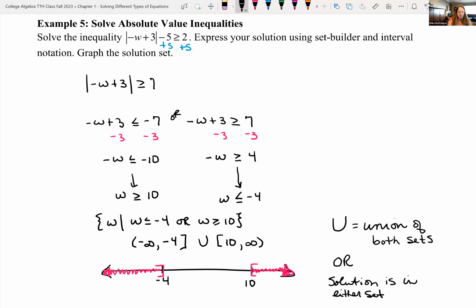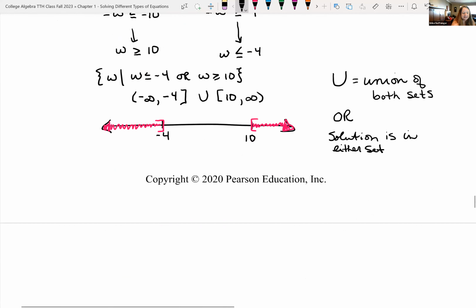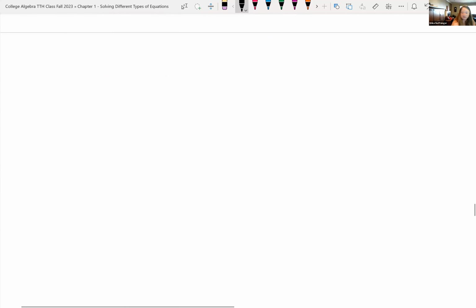Okay, so let's look at one more example. This is something similar to what you might see in a calculus course. And so you're given a bit of information.